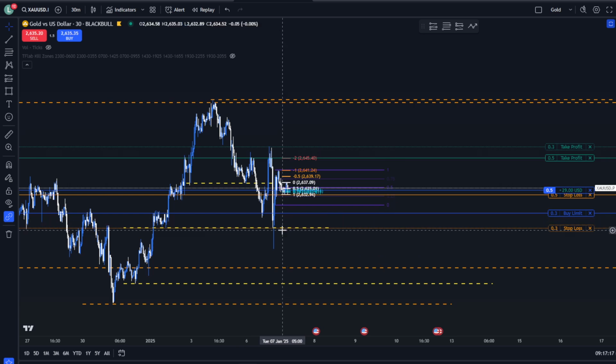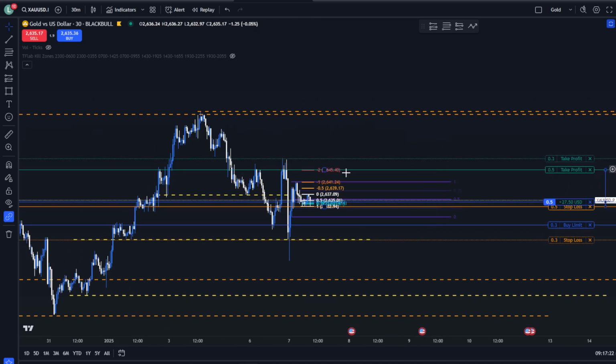My assumption might be we'll come back up and grab some weekly highs. We've also created some higher highs in here, although we did create that before the liquidity grab, but these higher highs are a signal of the market wanting to go towards buy side liquidity. So that is the bias, I guess, for today or the next couple of sessions, that we will gravitate towards buy side liquidity.